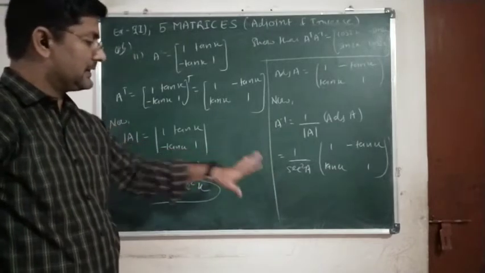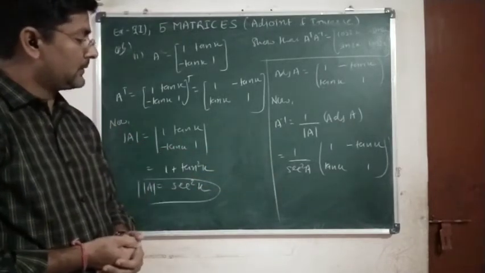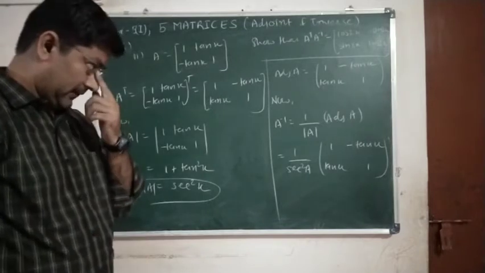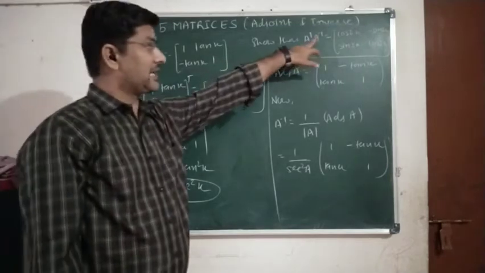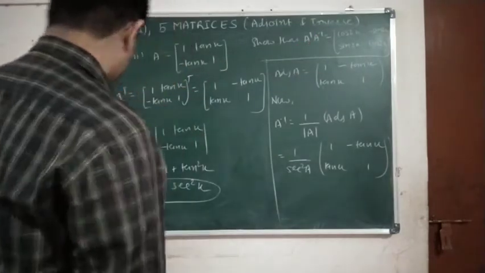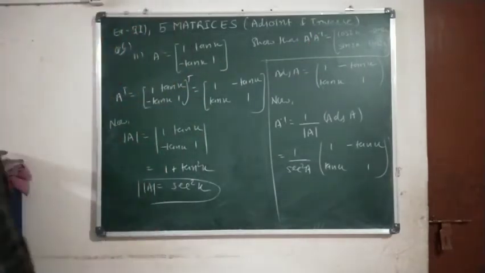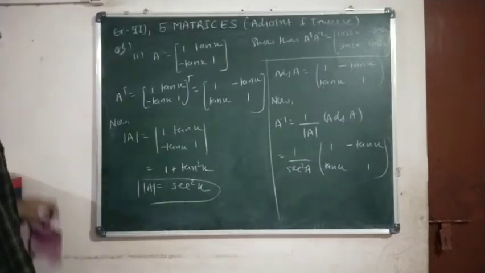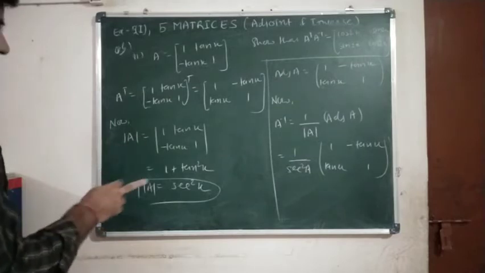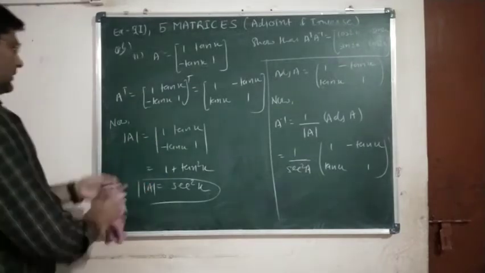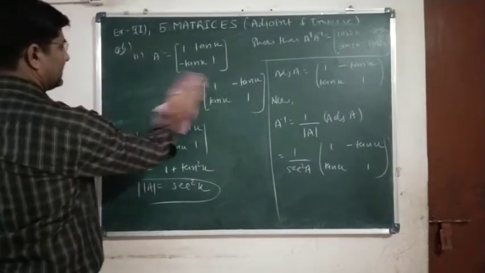Let us keep it as it is, sec square x outside only. Clear? Now we will take the left hand side, that is A transpose into A inverse, and let us simplify. So you must remember the two answers, A transpose and A inverse. A inverse is here, and A transpose we can write down.